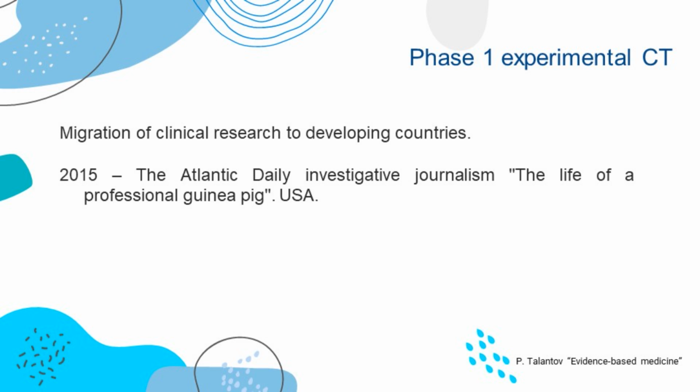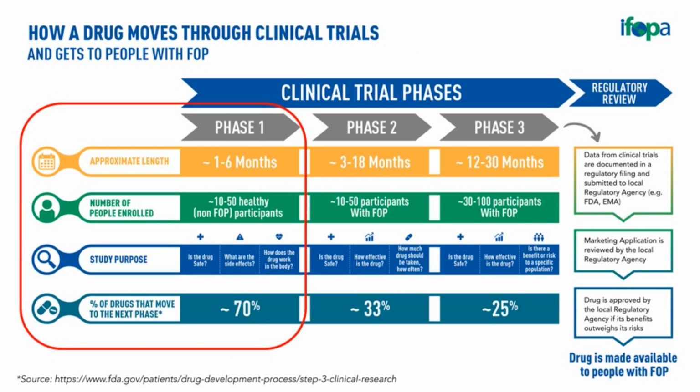In 2015, The Atlantic Daily published an investigative report titled "The Life of a Professional Guinea Pig," shedding light on the experiences of individuals in the United States who participate in multiple clinical trials for financial compensation. The article exposed the risks associated with such practices, including inadequate long-term monitoring and potential exploitation of vulnerable populations. About 70% of drugs successfully pass Phase 1 and move on to Phase 2.